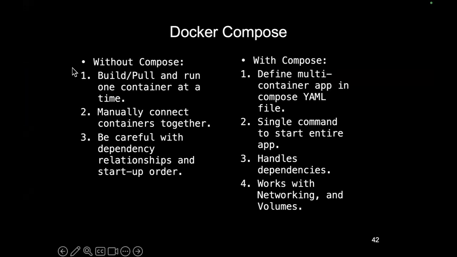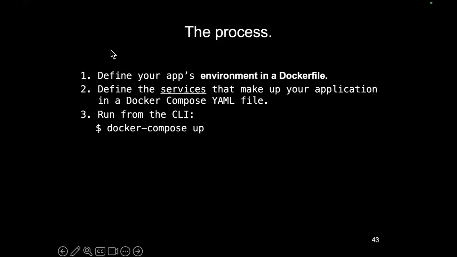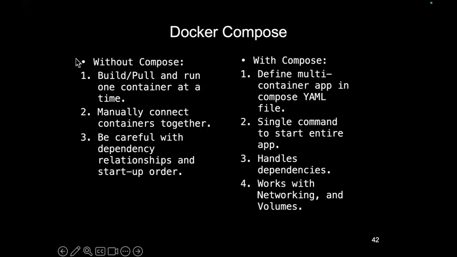So on this slide here, I'm saying what would be the case from a developer's perspective if we didn't have Docker Compose, and what's the situation now that we do have Docker Compose. I mean, you could say that up to now we haven't had Docker Compose, but we have been creating multi-container applications last week. So the steps are this, right?